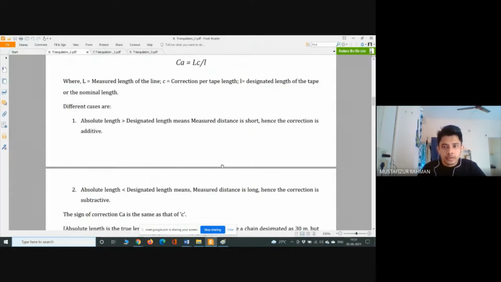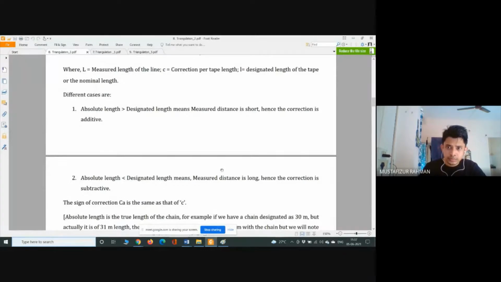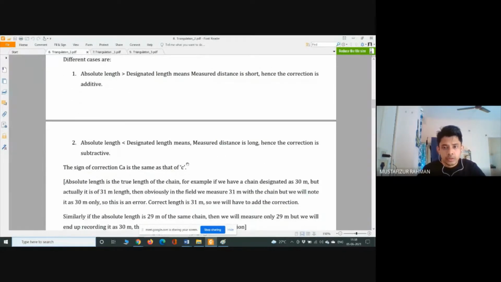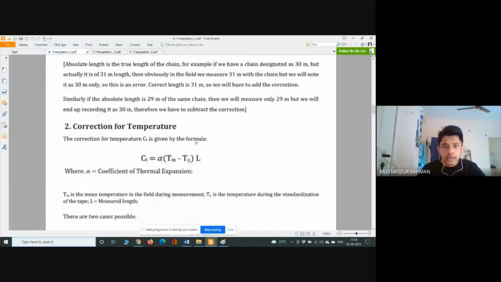Then correction for temperature. This is the same formula that we use for thermal expansion, right? So this is the same formula, alpha (Tm minus T naught). Tm is the temperature where we are doing our measurement.